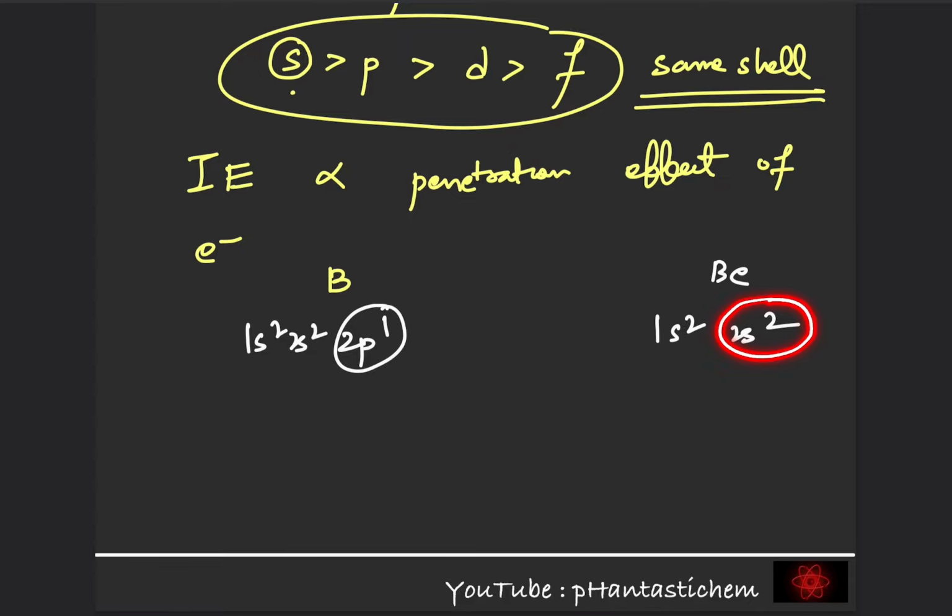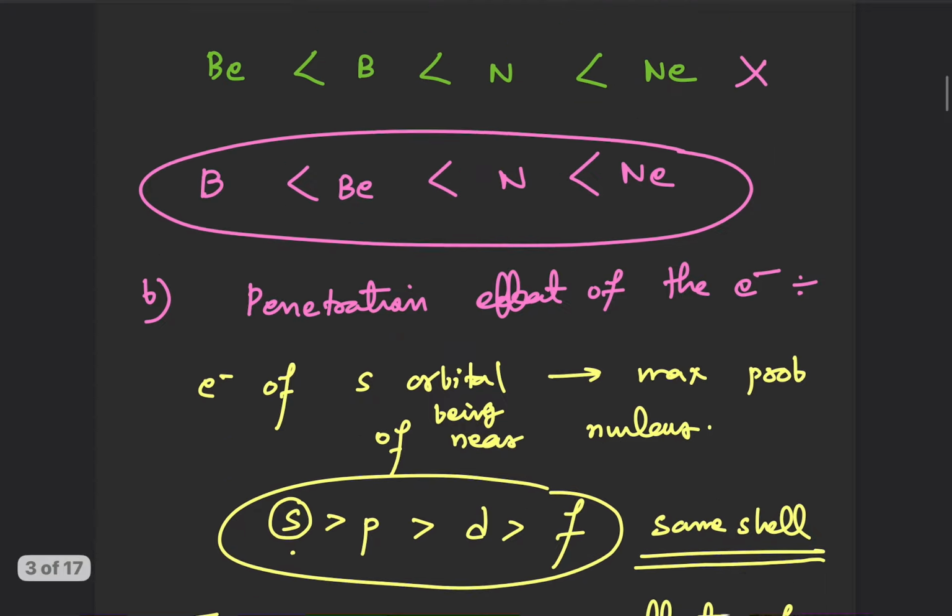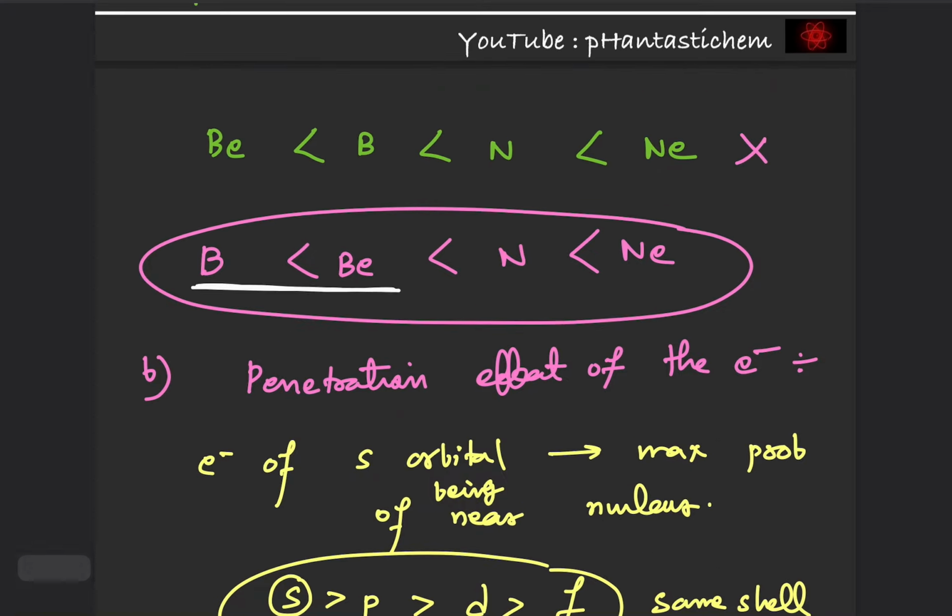In beryllium we have to knock an electron out from the s orbital, which has very high penetrating power, and therefore a very high value of ionization energy is required. So the ionization energy of beryllium is more than boron, despite boron having more atomic number, or more charge on the nucleus.